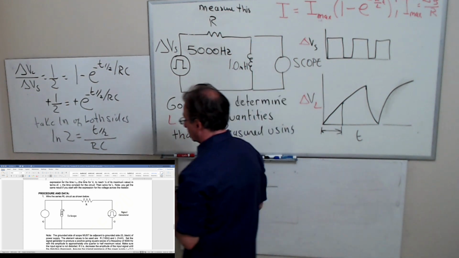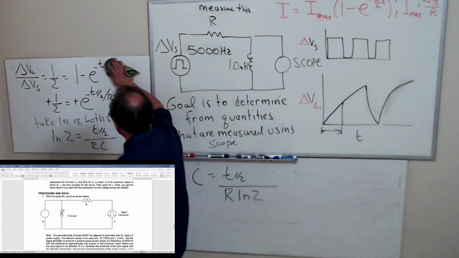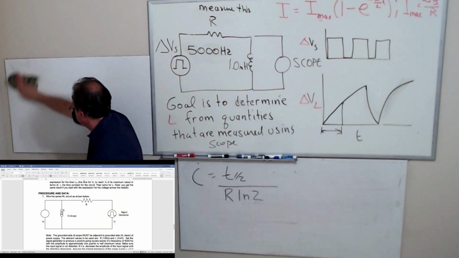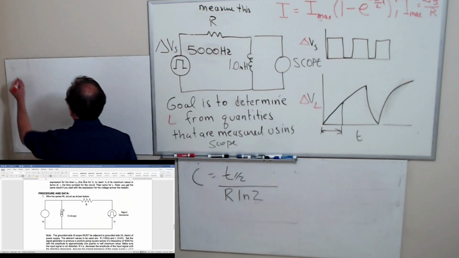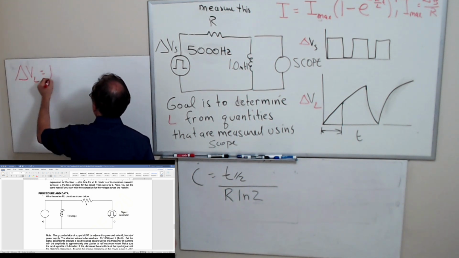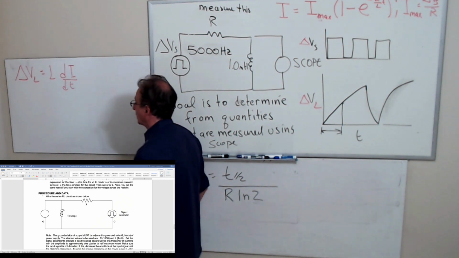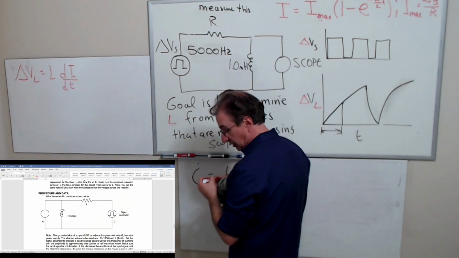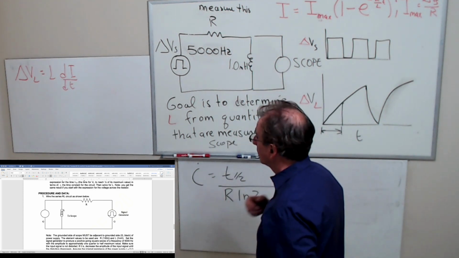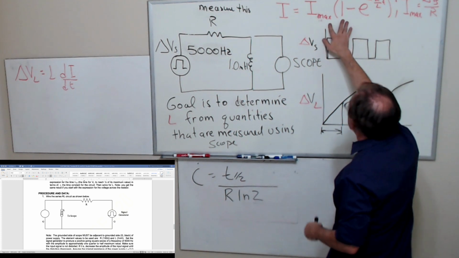But we know that the voltage across the inductor, because you're going to be measuring the voltage across the inductor, is given as L di/dt. Let me go back to my other marker because it's a little bit better. I've got to take the derivative of this with respect to time. The first term is a constant, so that disappears.